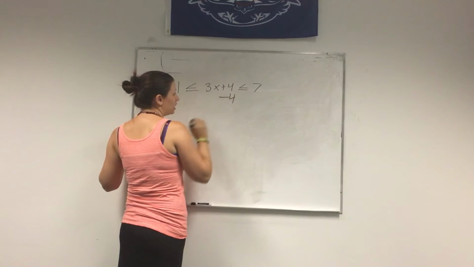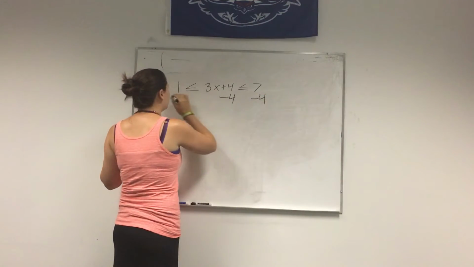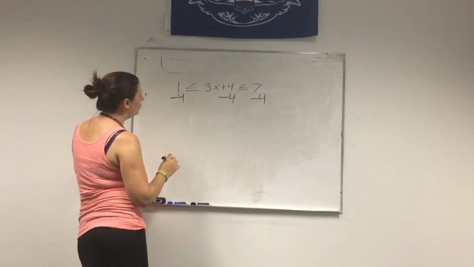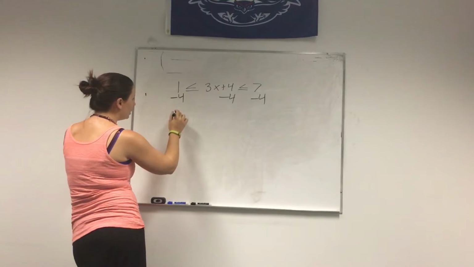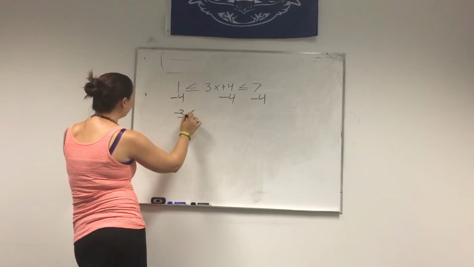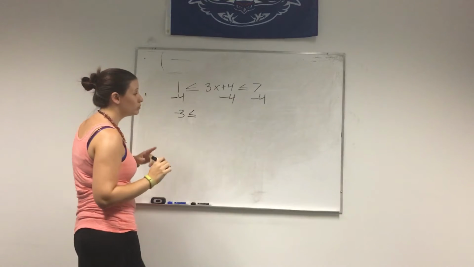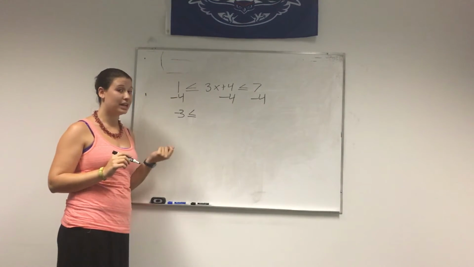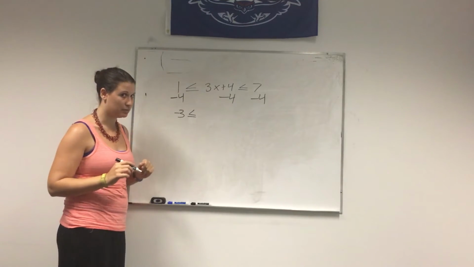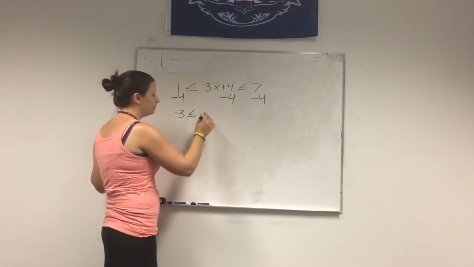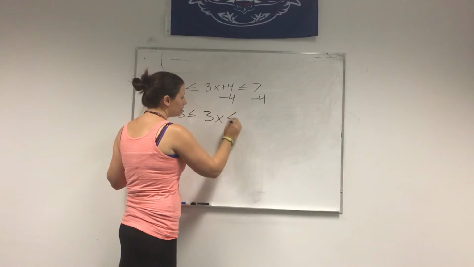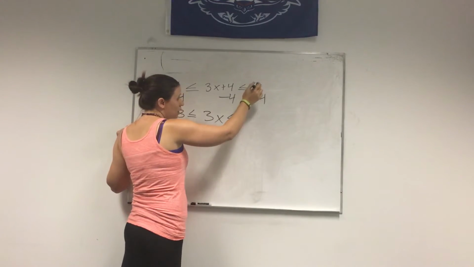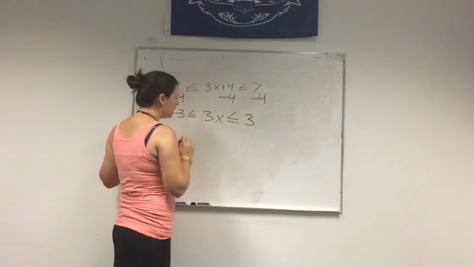That means subtract 4 from all three sides. So 1 minus 4 is -3, still less than or equal, because remember we only change inequalities when it's being divided or multiplied by a negative number, not added or subtracted. The middle is 3x, still less than or equal to 7 minus 4, which is 3.